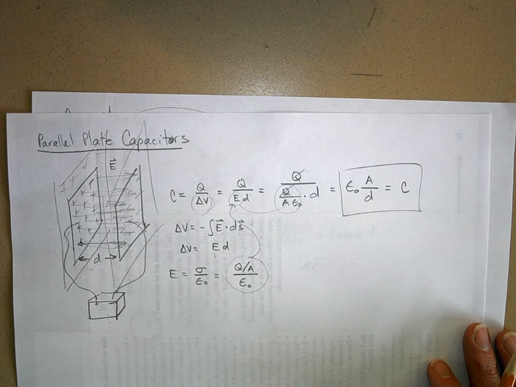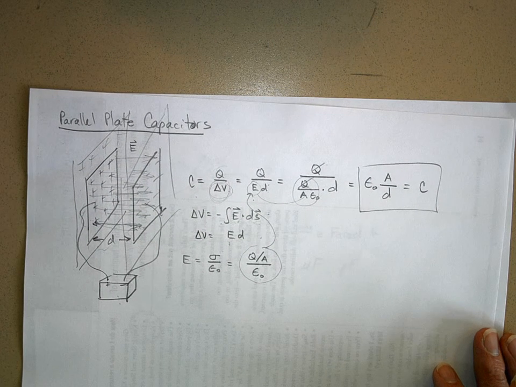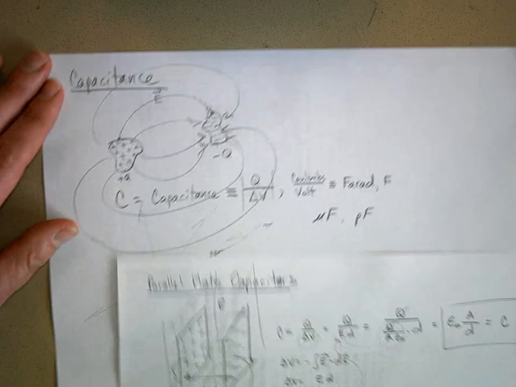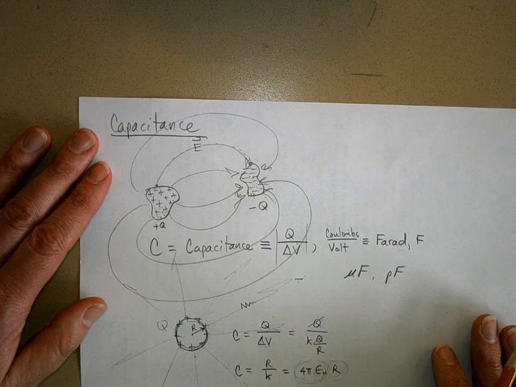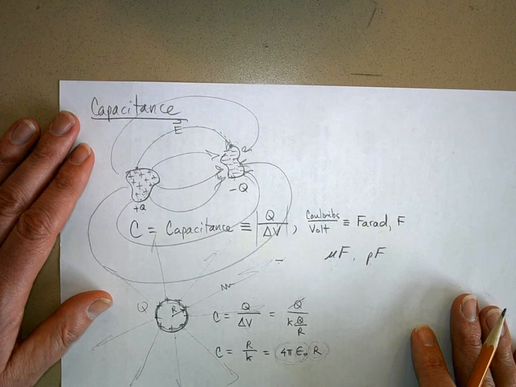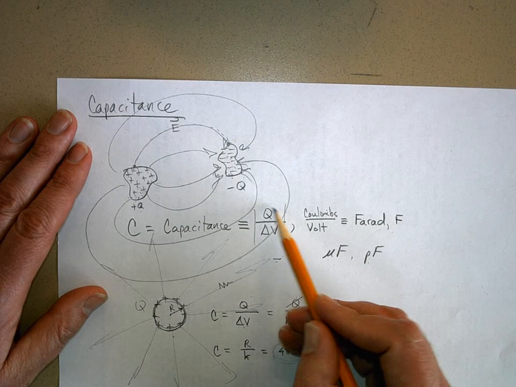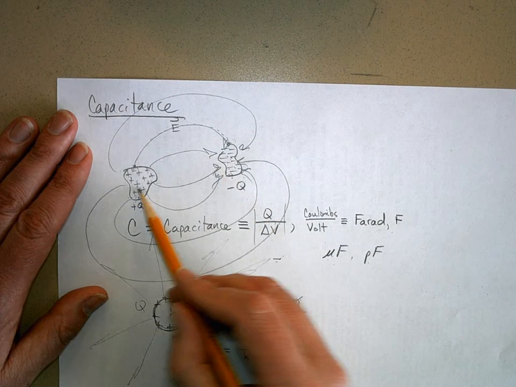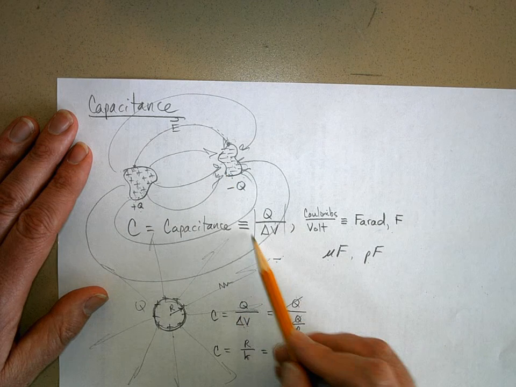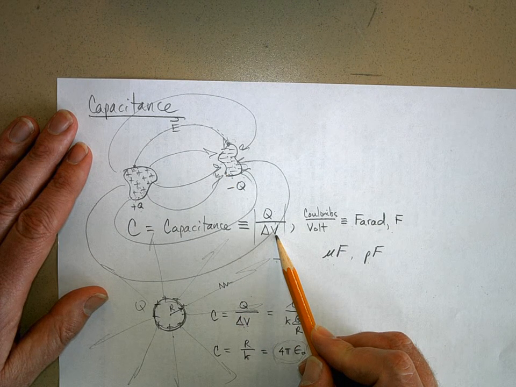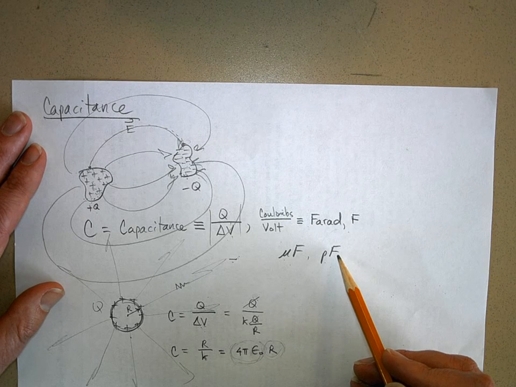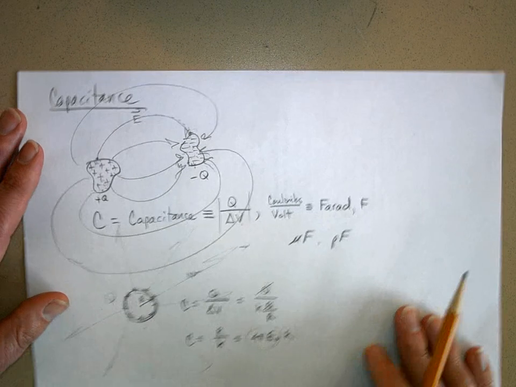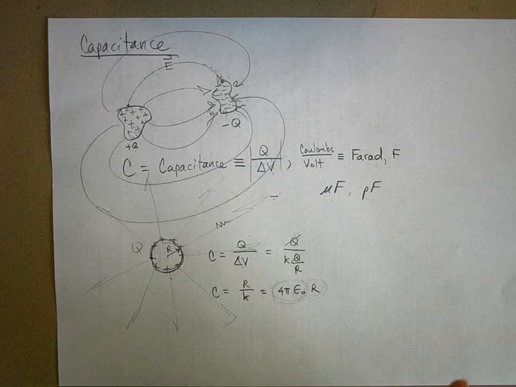Okay, so bottom line is this. Let's take a look at the whole thing here. Capacitance, by definition, is how much charge has been separated for a given voltage difference. It has units of farads, coulombs per volt. If you have any kind of charge distribution, you can figure out the voltage.